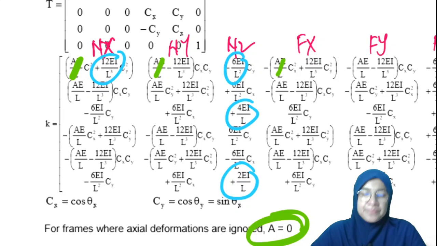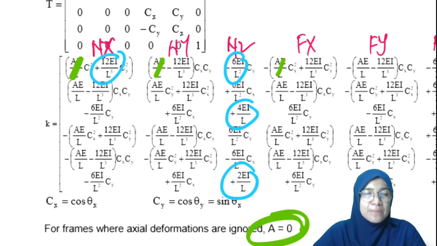Remember, we need to have this whenever axial deformation is ignored. A is also equal to 0 if we have this statement, or the other statement which has the same meaning: consider bending effect only. Consider bending effect only means we don't need to consider the axial effect. The axial effect comes from EA, so we don't need to consider EA because A is equal to 0.